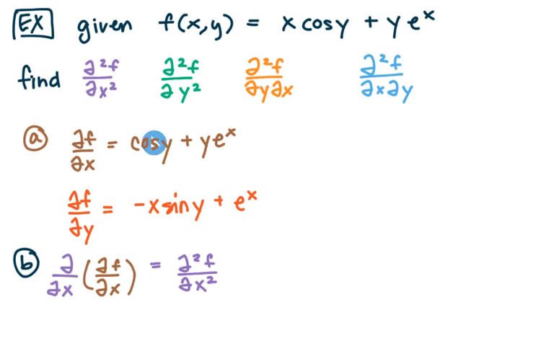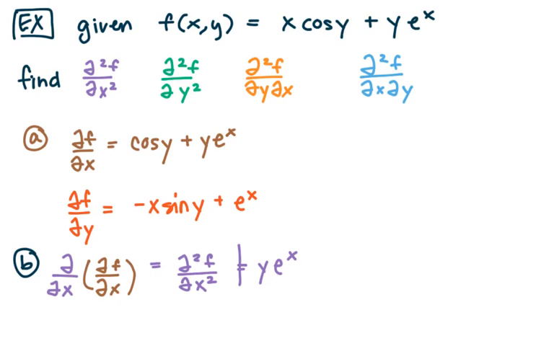If I differentiate this first derivative with respect to x, that means treat y like a constant. So if y is a constant, cosine of y is a constant, the derivative of a constant is 0. So it equals 0 plus y e to the x. E to the x is what we're differentiating with respect to. This is like a constant coefficient. So we will just get y e to the x.